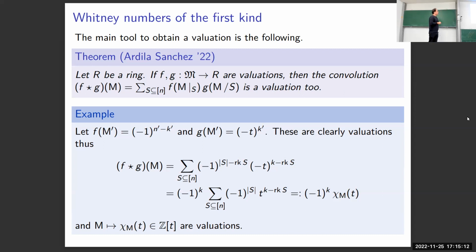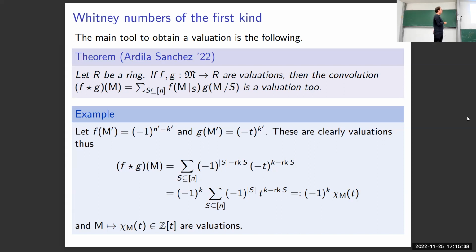They tell you that if you already have two valuations, then you can get a new one by producing a convolution of your previous ones. You take the restrictions here and the contractions there, building valuations. At first glance that might look a little bit ugly, but it's very useful.